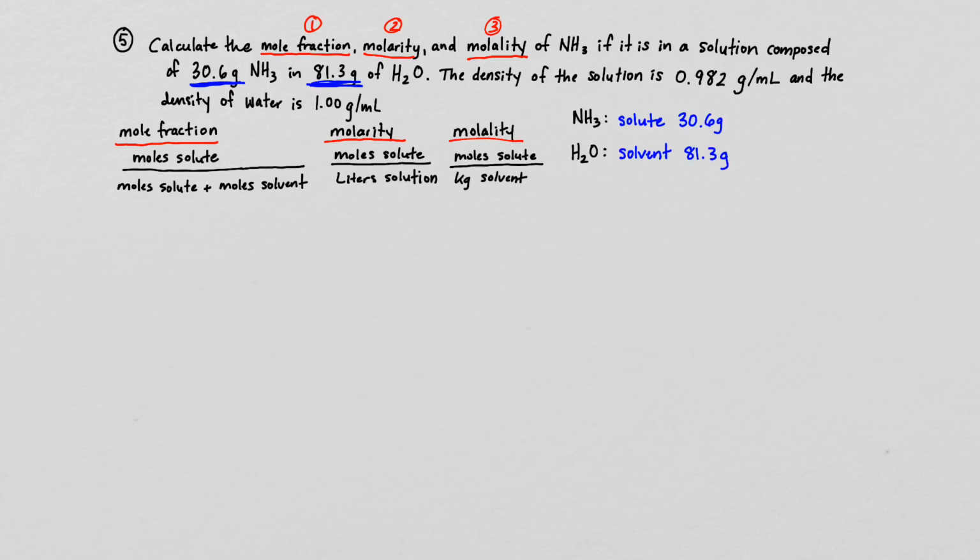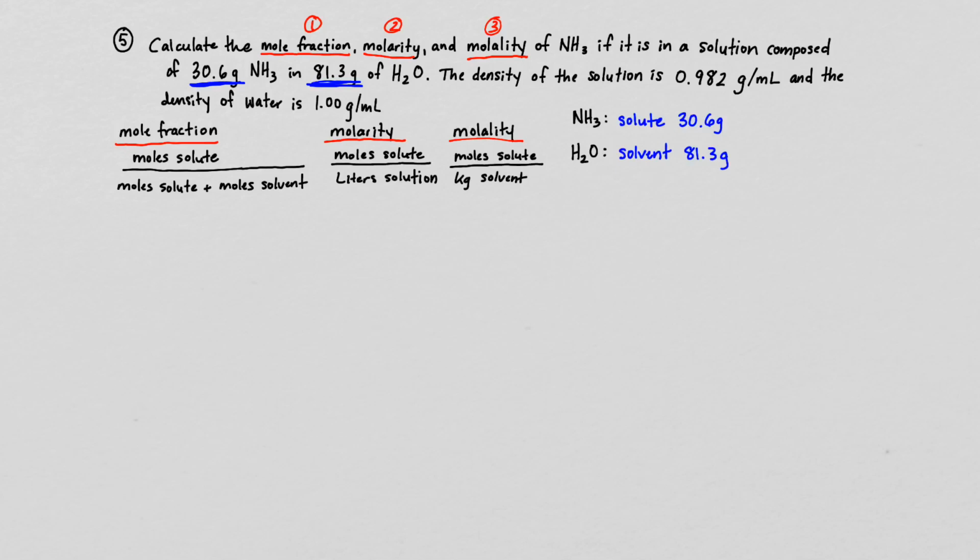And the reason I need to do that is because I'm looking for, remember, moles, right? And all I have is mass. And the only thing that relates mass to moles is the molar mass, okay, which is always in grams per mole. So I know there's mass there, and I'm trying to get to moles. So molar mass is going to be the perfect thing to use as a conversion factor.